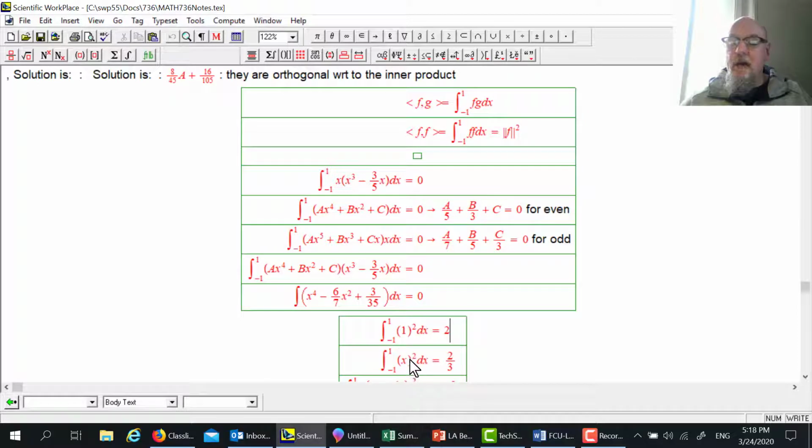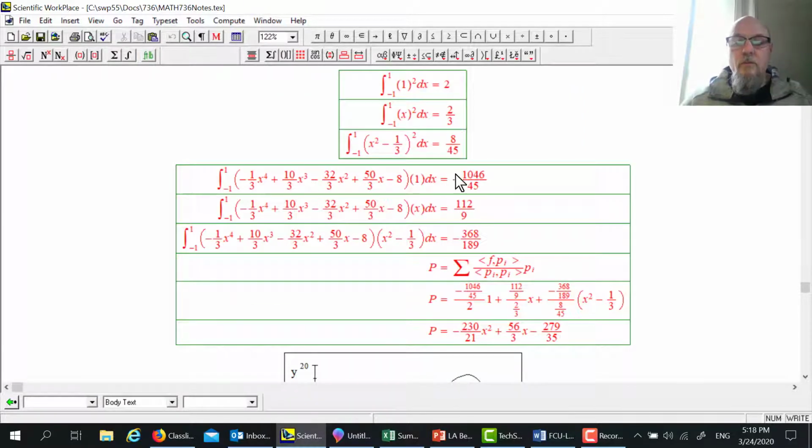How long is the x? When I integrate that, I get x cubed over 3. Plug in the 1 and the minus 1, you'll get 1/3 minus minus 1/3. So the magnitude squared of x is 2/3, and so on. So this is me calculating the size of the first three polynomials.